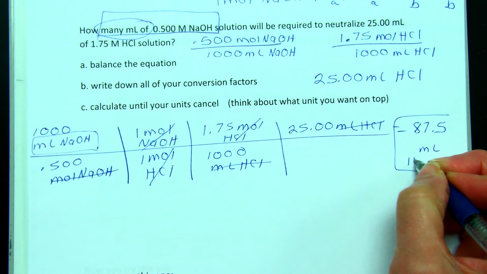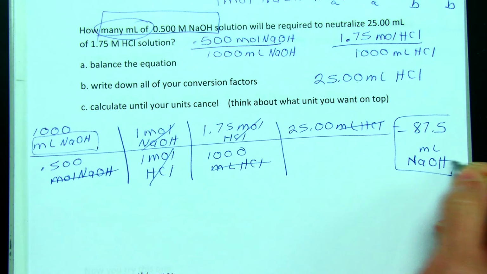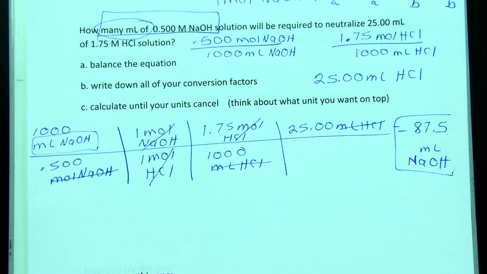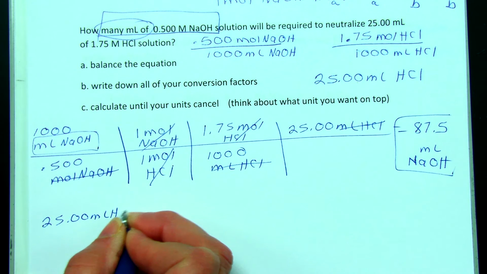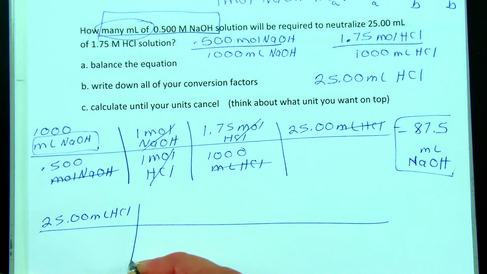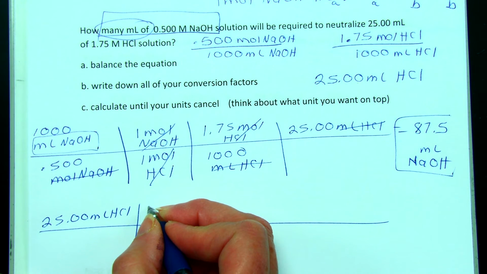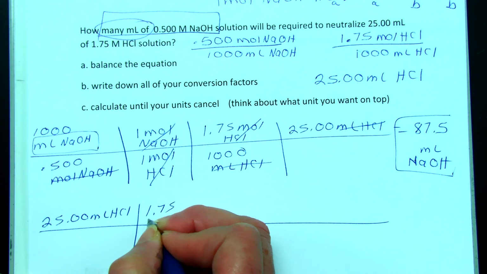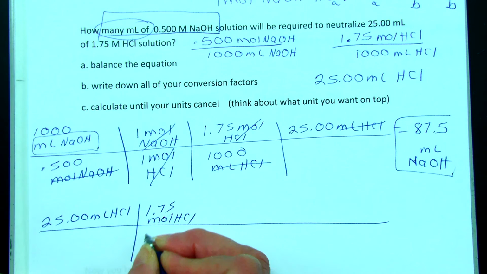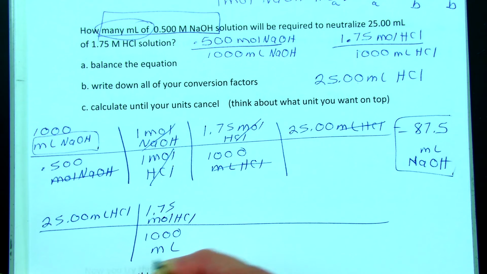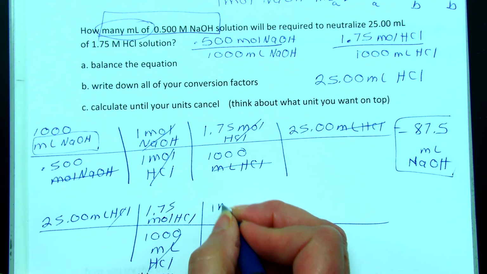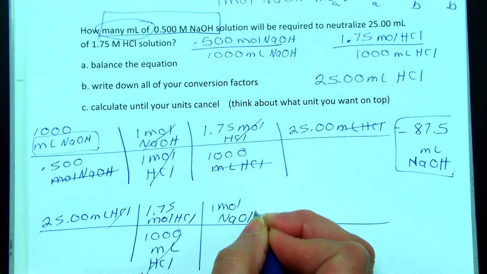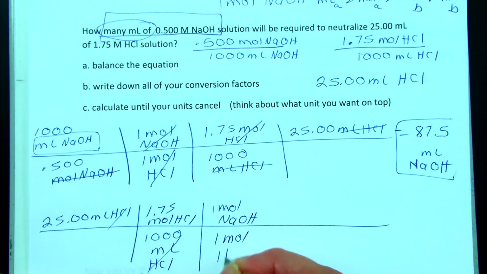of sodium hydroxide. Now, I know some of you were comfortable coming out of your intro classes and you say, well, what I was given is 25 milliliters of HCl. So now I'll change milliliters to moles. I have 1.75 moles of HCl in 1,000 mL. Now, mole to mole ratio, 1 mole of sodium hydroxide for 1 mole of HCl.